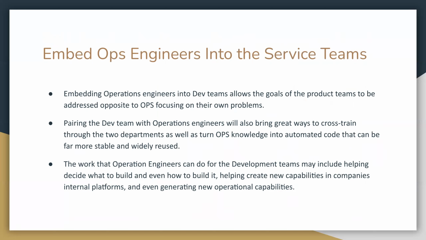Pairing the dev team with operations engineers will also bring a great way to cross-train the two departments, as well as turn ops knowledge into automated code that can be far more stable and widely reused. The work that operations engineers can do for the development teams may include helping decide what to build and even how to build it, helping create new capabilities in the company's internal platforms, and even generating new operational capabilities.